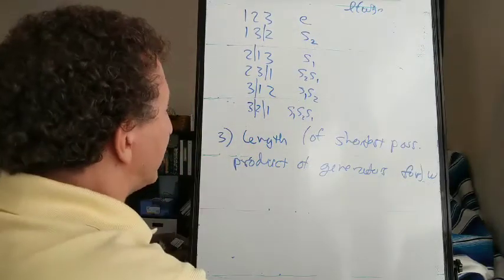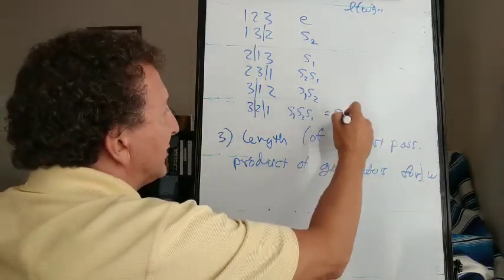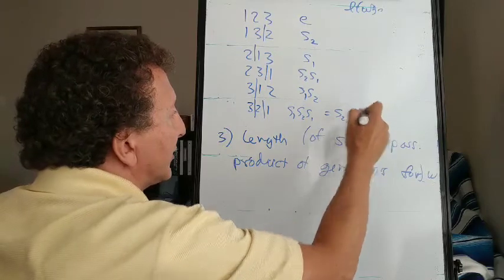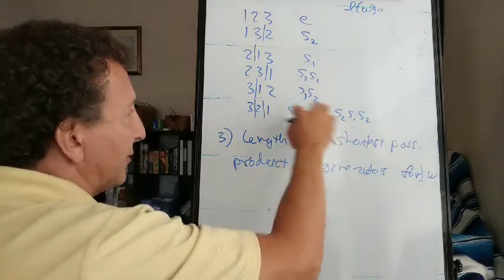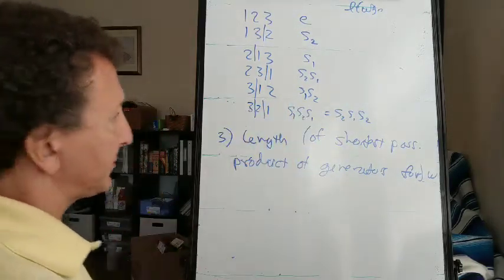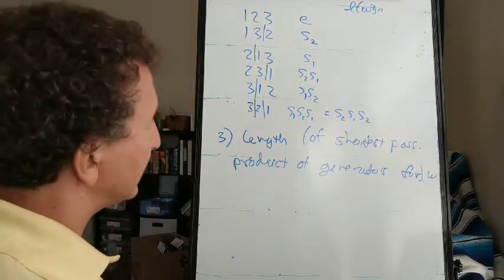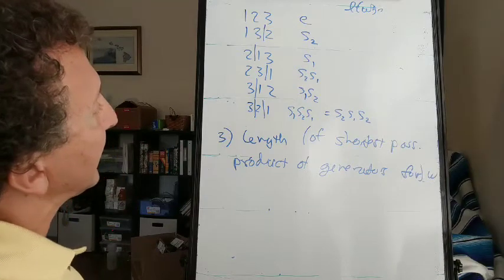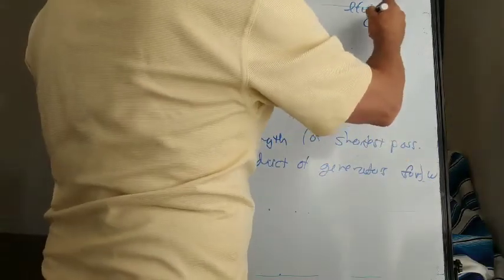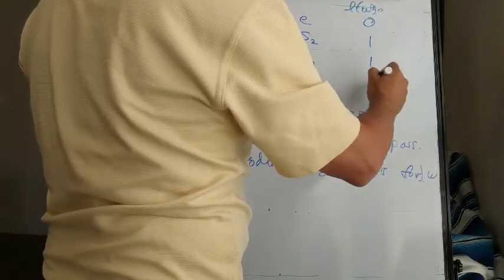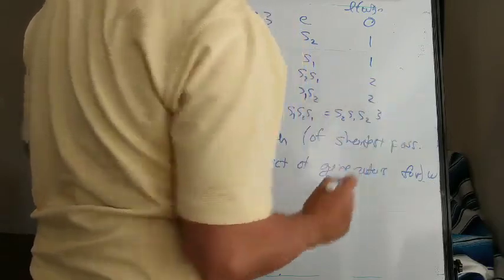And that expression, by the braid relation, is the same as S2, S1, S2. The expressions are different, but they refer to the same permutation. So the length is 0, 1, 1, 2, 2, 3.